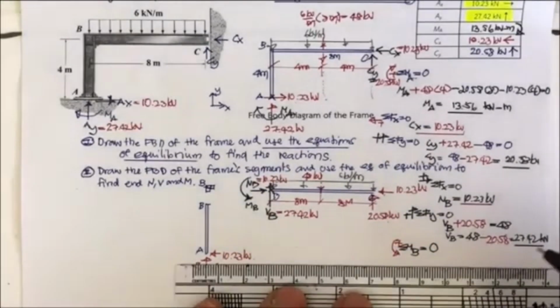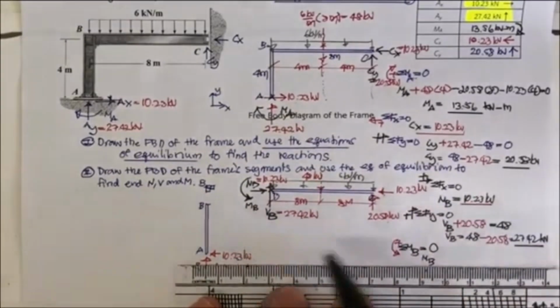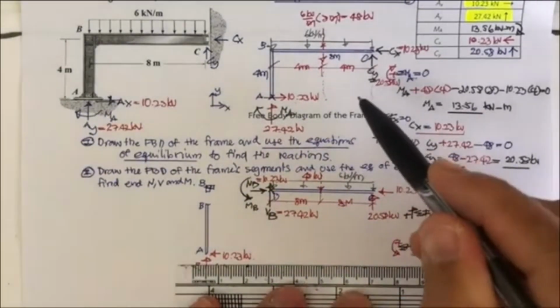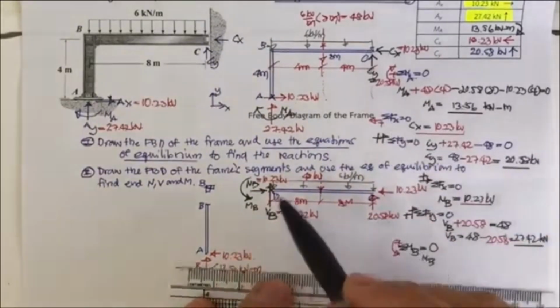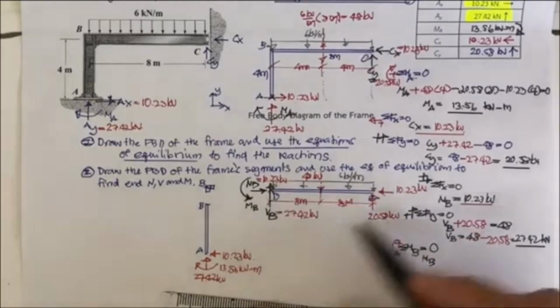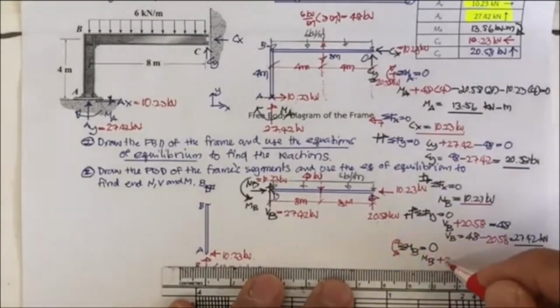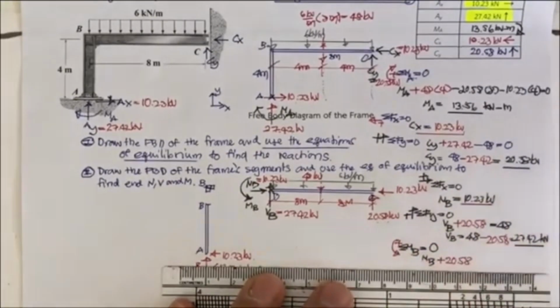Okay. So what you get is the moment at B counterclockwise, and then you have this one. These two forces have 0 moment because it's at the point of B, no moment arm. This one is going to rotate the same direction, so plus 20.58.